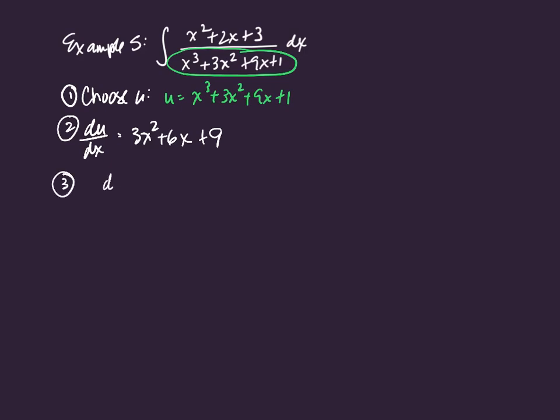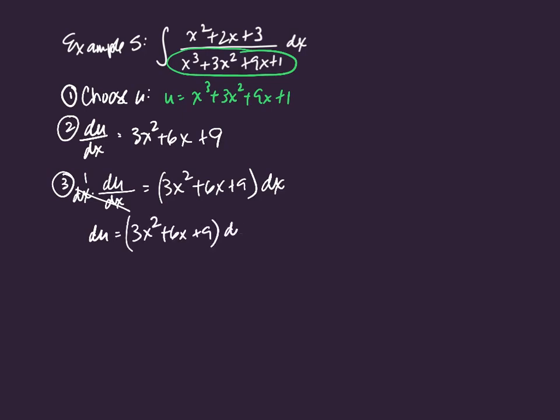So solving for du over dx, I'm going to solve for dx. So multiply both sides by dx. du is 3x squared plus 6x plus 9 dx, and then divide by 3x squared plus 6x plus 9 on both sides. So du is, and here's where I'm going to factor out a 3.